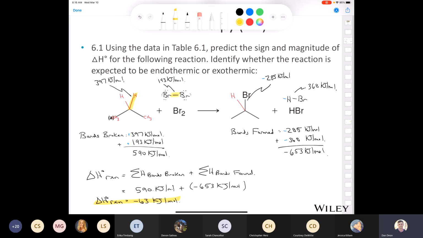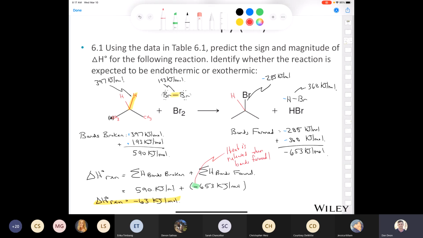The main takeaway from this: everybody who's hearing the sound of my voice can add and subtract some numbers, and everybody knows what a positive and a negative is. The main thing is that you understand the reason this sign is negative is because heat is released when bonds are formed.